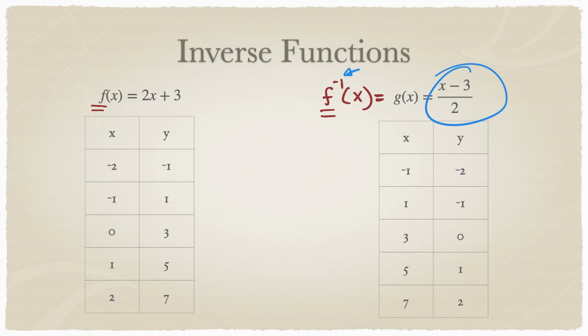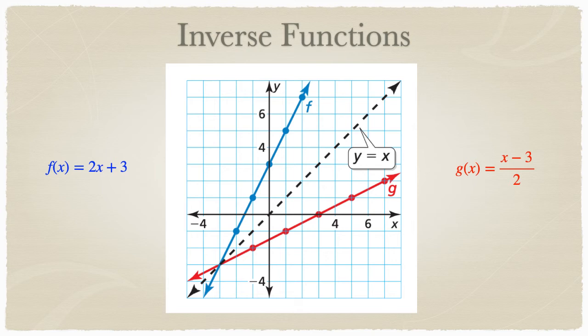Because there is such a strong relationship between a function and its inverse, graphically they actually have a distinguishing characteristic. So here I've graphed these two functions. Here's the first function, and this is the inverse over here. I might as well start using that inverse notation. Let's do it in red so we match up a little bit.